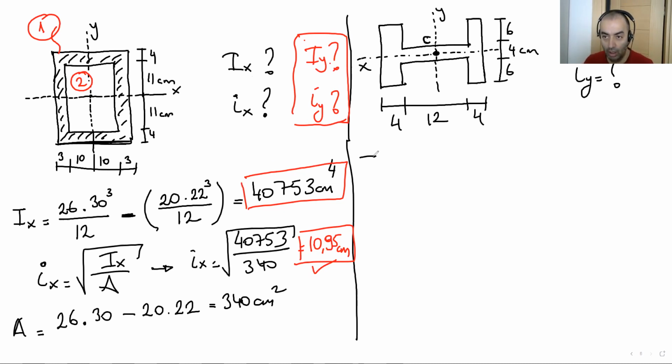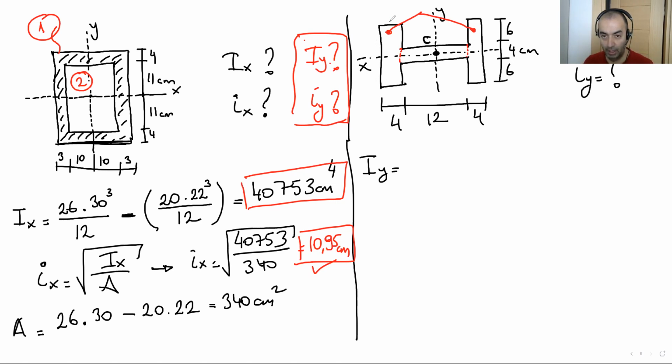Now, Iy. So let's split the section into 3 pieces. Here, here. These two are completely identical rectangles.